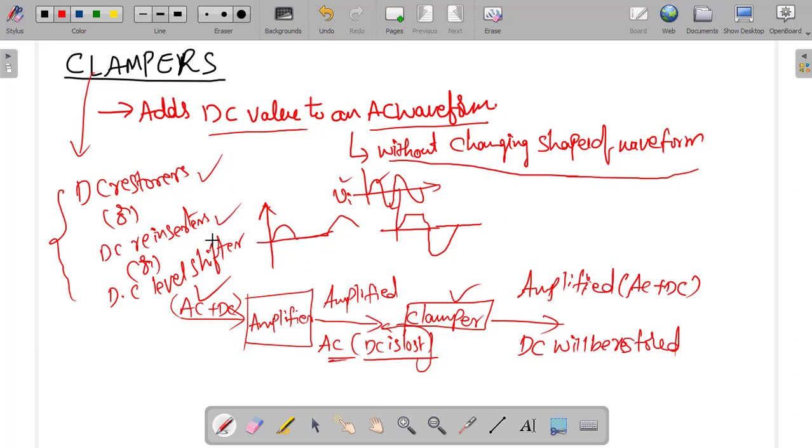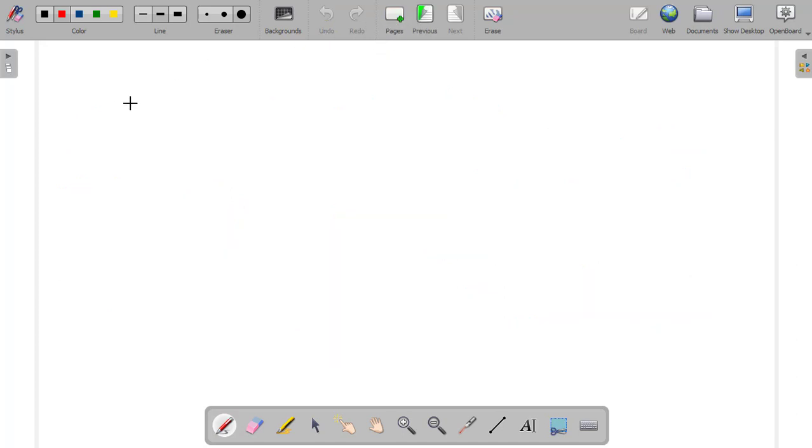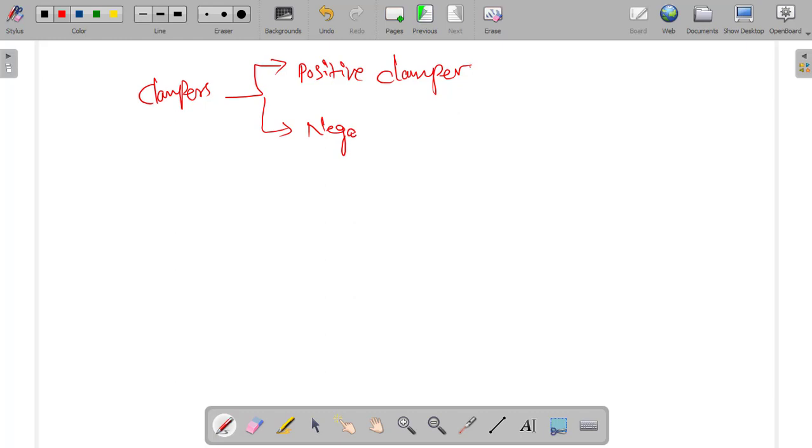Similarly, just like in clippers, we have different types of clampers. What are the different types of clampers? Clampers are classified into two types basically: positive clamper and negative clamper, just like the positive clipper and negative clipper.